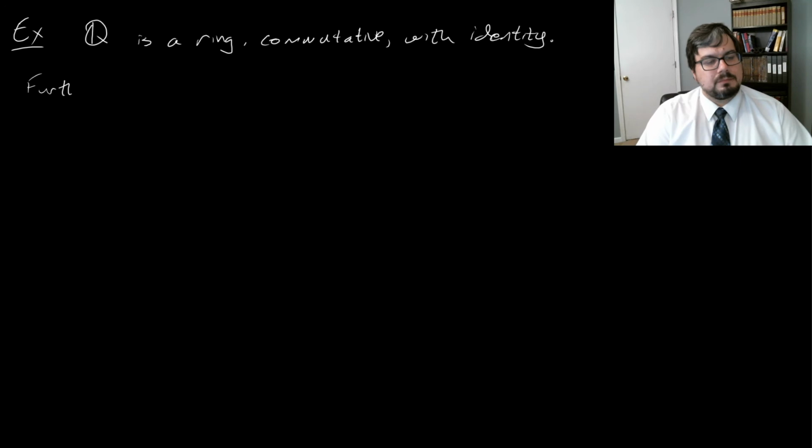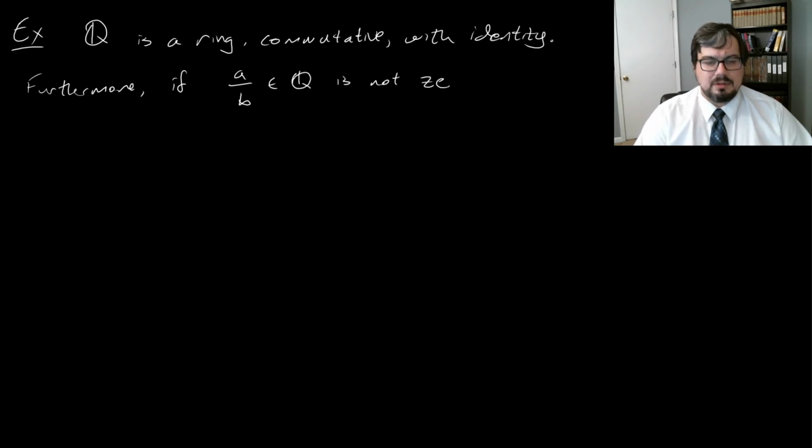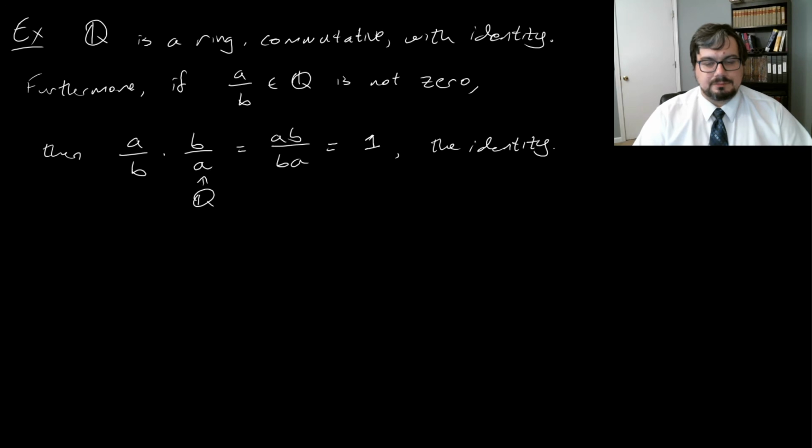Furthermore, if A over B in Q is not 0, then we have that A over B times B over A, which is also an element of Q, is equal to AB over BA, where A and B are both integers, which is just 1, the multiplicative identity.